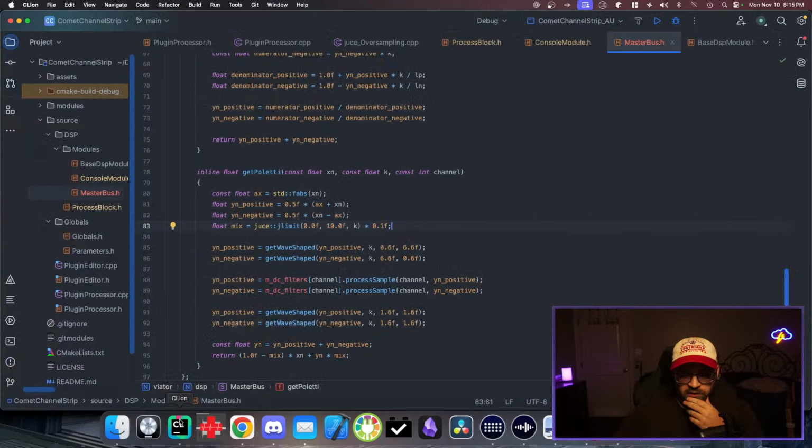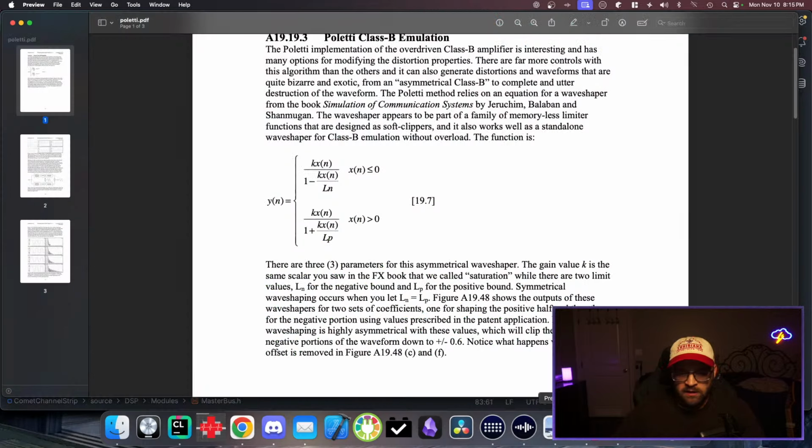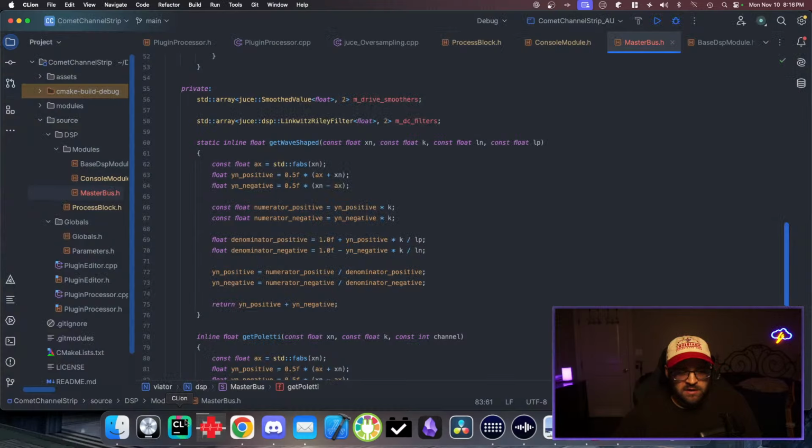And you see we have one block for the negative signal, so xn less than 0, and then one block for the positive. Instead of using an if statement to separate the positive and negative, we use this mask pattern.